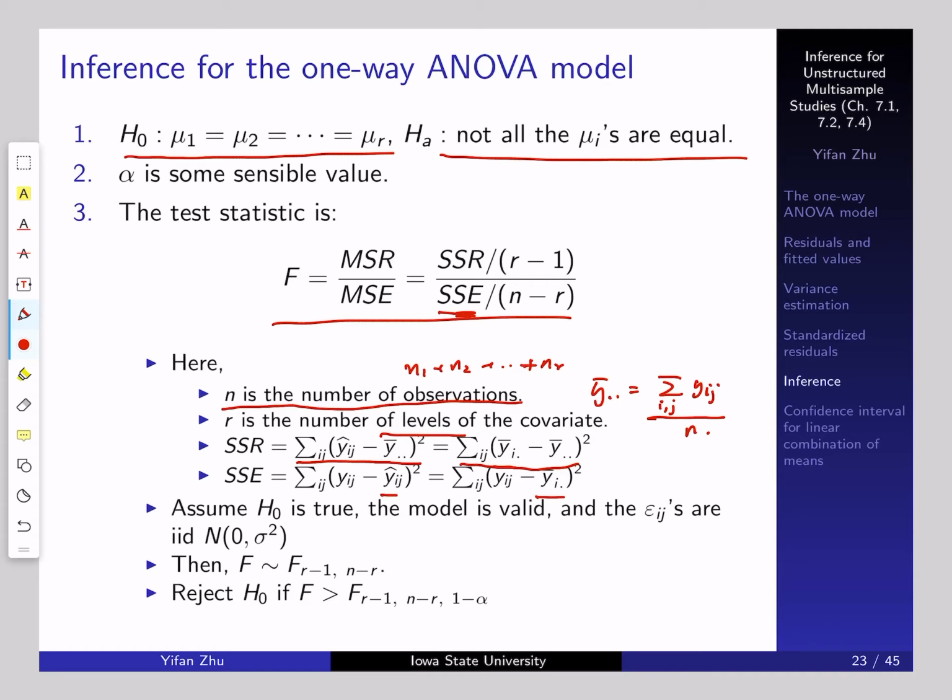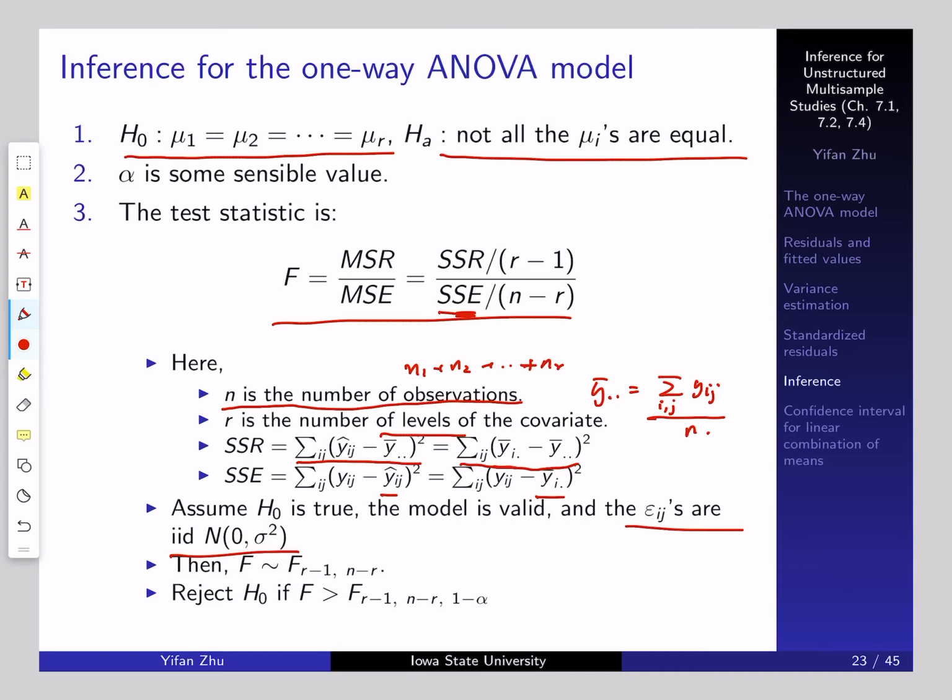Now, assuming that H0 is true and the one-way ANOVA model is true, the epsilon ij's are IID normal 0, sigma squared. So that means the variances are all the same for these R groups.